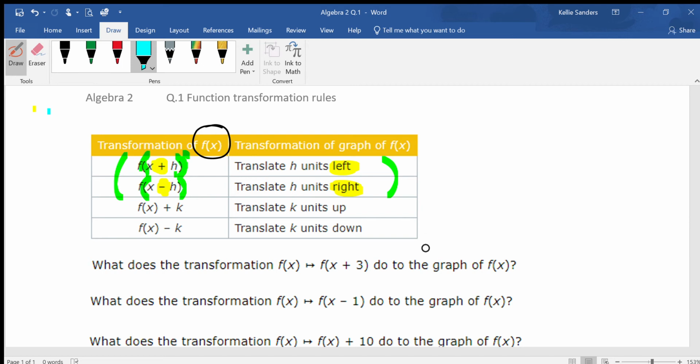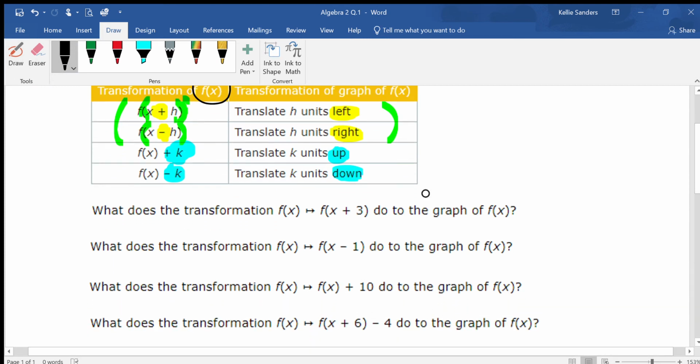So whenever the number is not inside the parentheses, it's out to the outside, this is always going to be an up or down, but up is always positive and down is always negative. Okay, I know I took 4.5 minutes to be able to tell you this, but now that we went over it, it's going to go really, really fast.